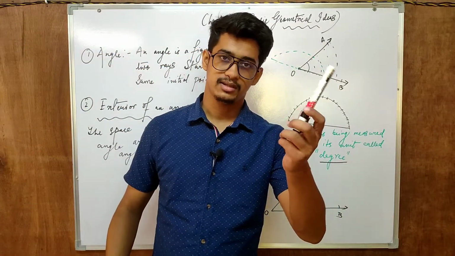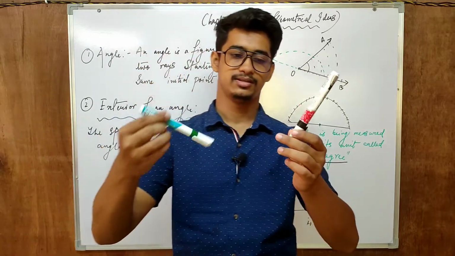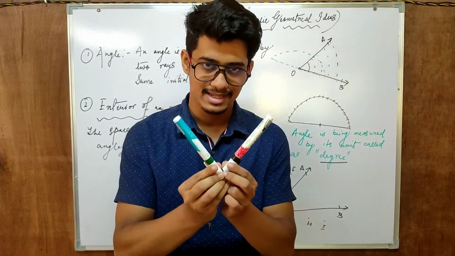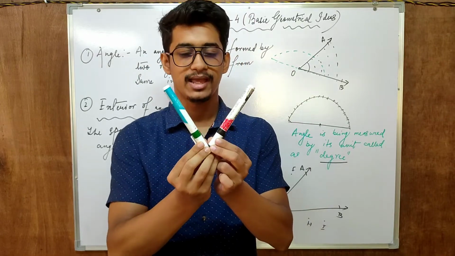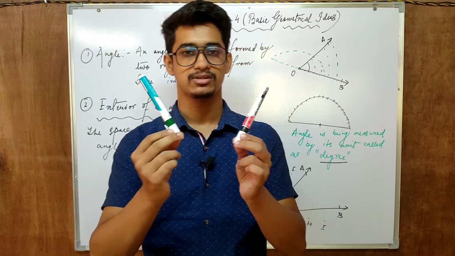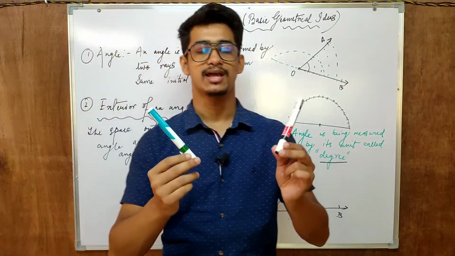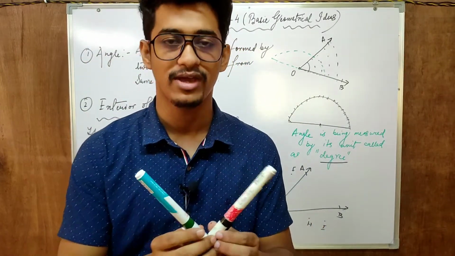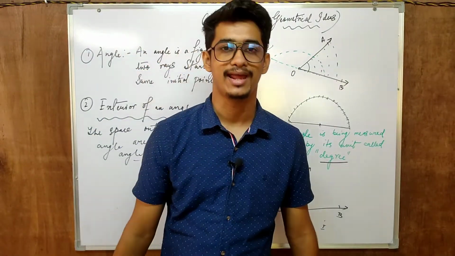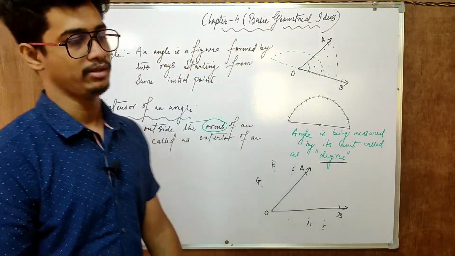This is the first ray, let's say, and this is the second ray. So the initial point is the same. Because of these two rays, the angle is forming. So there is one special name associated with these two rays, which are called arms. And when is the term arm applicable? Only when the angle is forming.